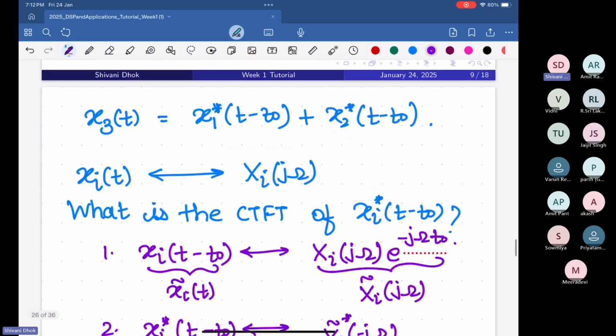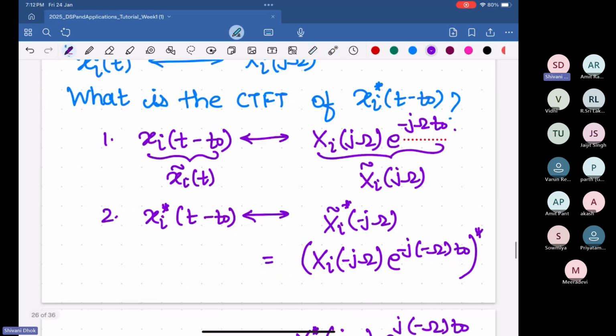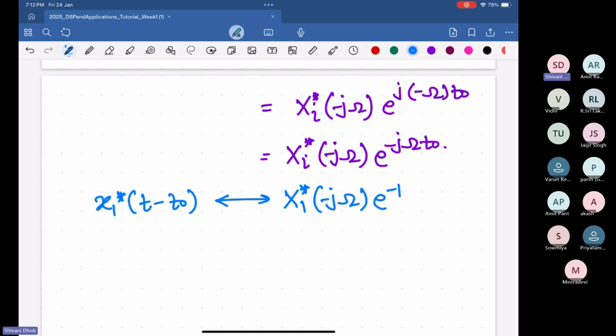So what does this mean? We had the signals of these forms. So from this particular derivation, what we know now is x1 conjugate of t minus t naught has a Fourier transform of x1 conjugate of minus j omega into e power minus j omega t naught.